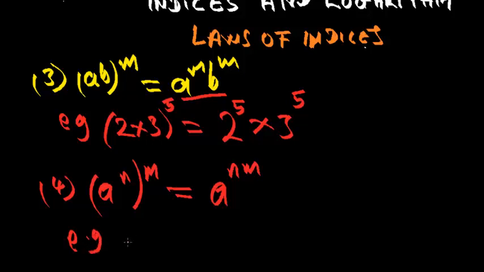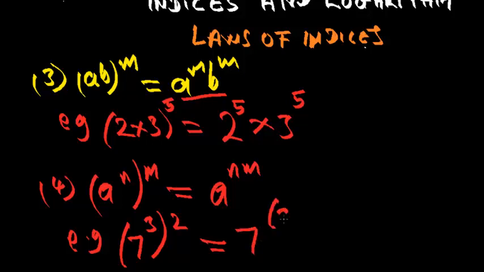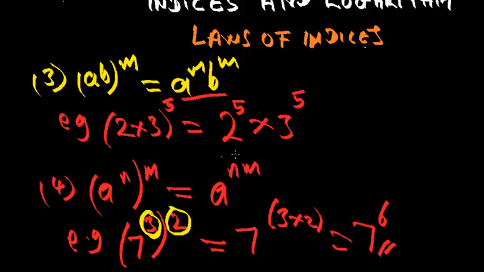If you have 7 exponent 3, all exponent 2, then you are going to get 7, then the 3 times the 2 on top, and that is going to be 7 exponent 6. We are basically saying that just multiply the exponent here, which is 3, by the exponent here. And that is that law which we have here. a, then we have nm.